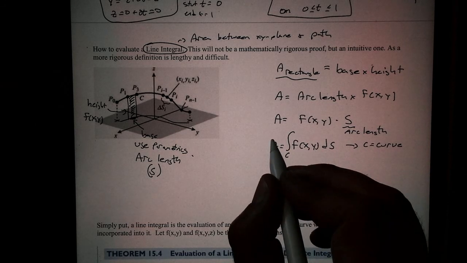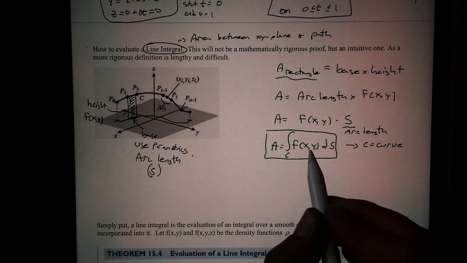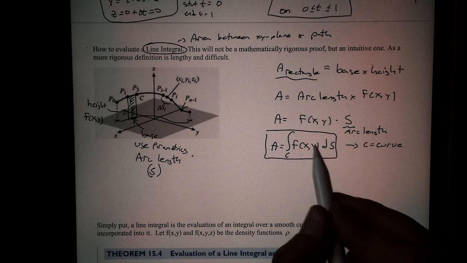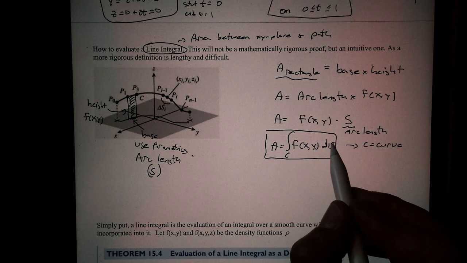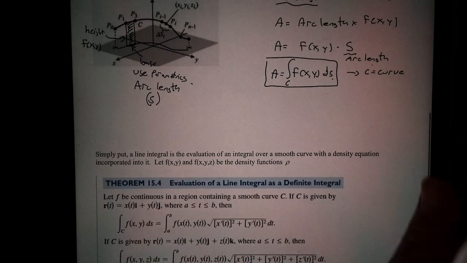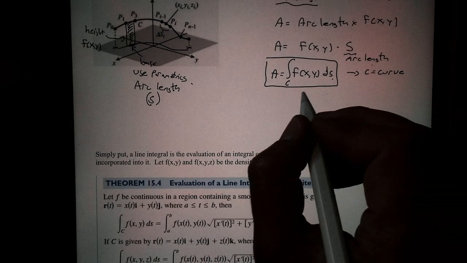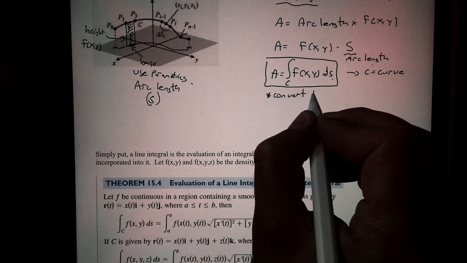Now, this right here is the equation of a line integral, the integral of f of x, y ds. But the problem is, ds right now is in terms of x and y. And what would we just say? That is not very friendly to do. ds is not easy, so we are going to convert to parametric.